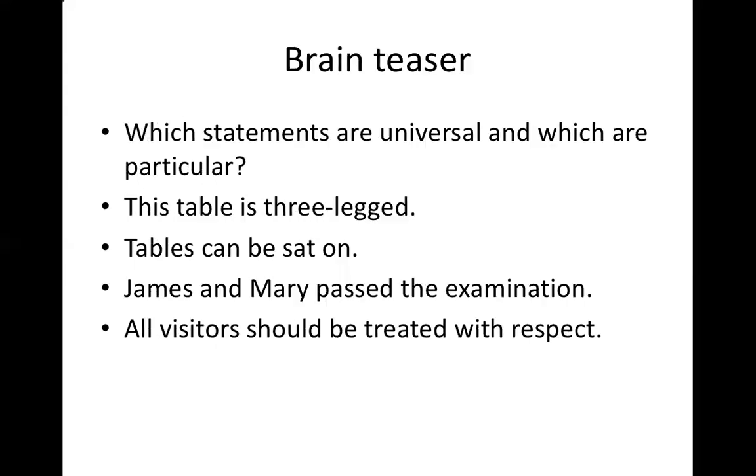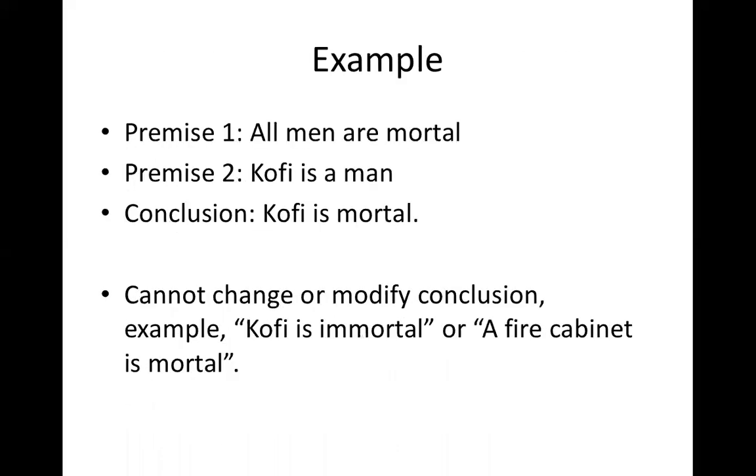Okay. Now, talking about validity, let me look at this example again. We said all men are mortal. Kofi is a man. Kofi is mortal. So this argument is valid because the conclusion follows with certainty. The premises make the conclusion necessary.